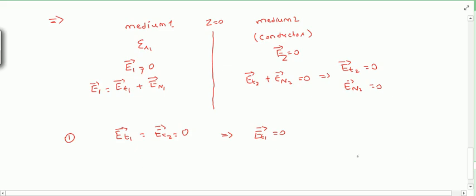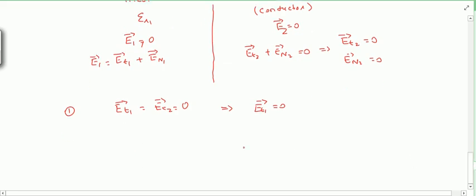For a conductor dielectric boundary, the tangential component of electric field is 0.